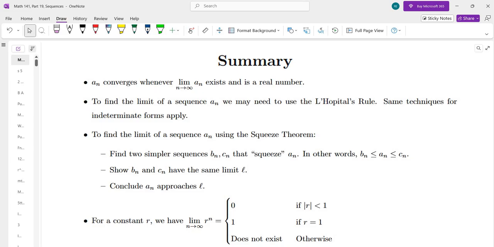In other words, bn and cn are on the two sides of an. Now show that bn and cn have the same limit L, and then conclude that the middle one an must also approach L. And the last thing that we did was that for every constant r, r to the power of n approaches 0 if r is between negative 1 and 1, and it is exactly 1 if r is 1, and the limit does not exist otherwise.